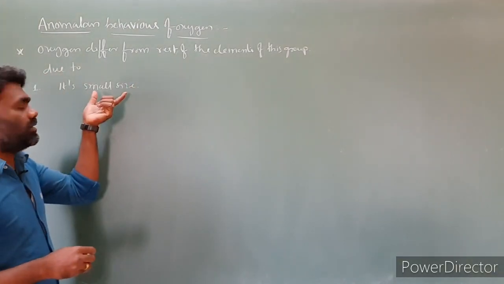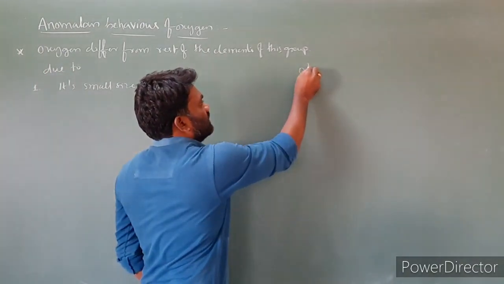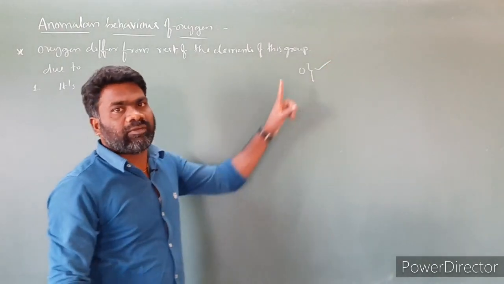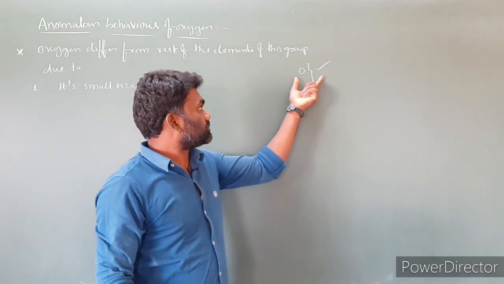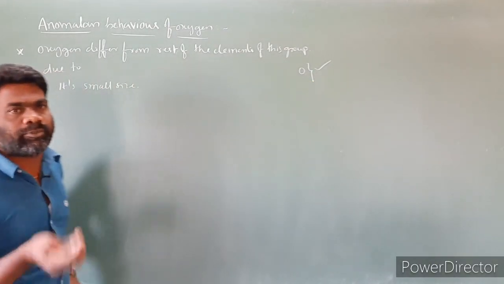That means oxygen is the smallest size element. So because of the small size of oxygen, its properties are affected. The anomalous property of oxygen depends upon its atomic size, because of its small size.